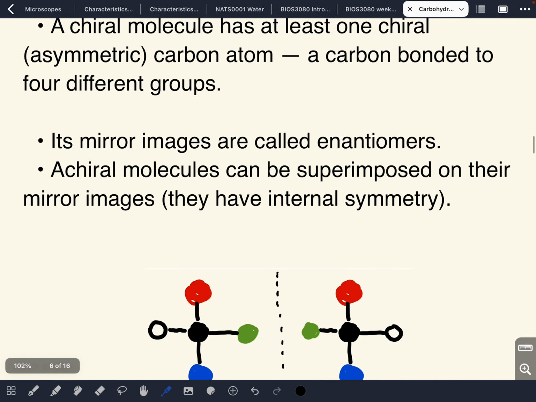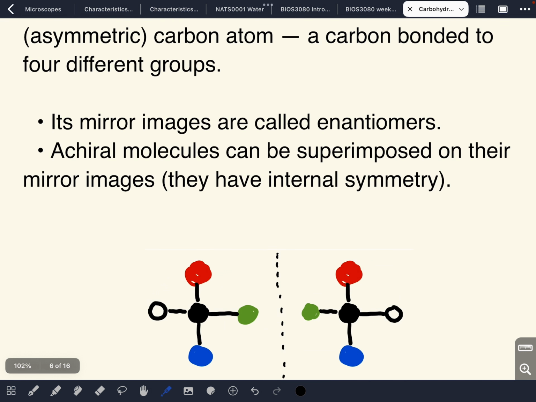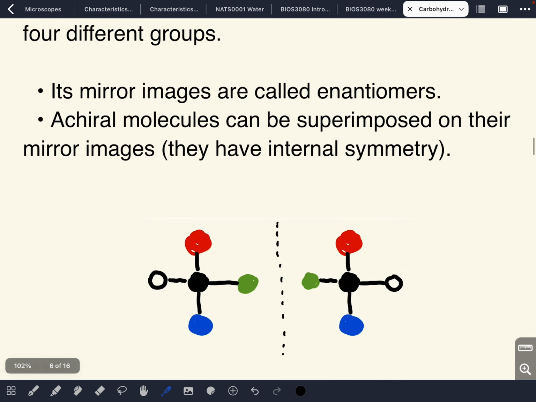So we can look at this molecule, for example, and say the mirror image that we get here. So here would be our mirror, and we can form the mirror image, but we can't put them really on top of each other. Don't forget, when we draw it like that, these bonds here would sort of stick out of the plane, and we can't superimpose them.